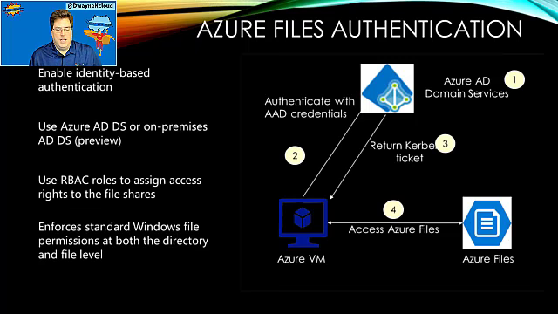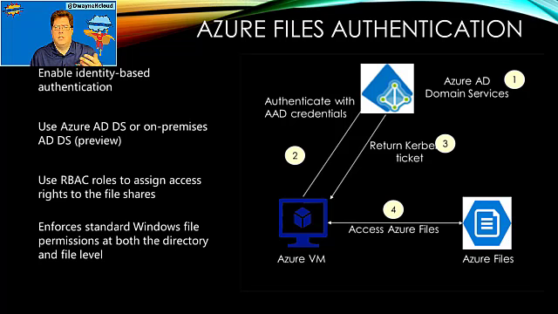And when we're authenticating and looking at how we're going to utilize our role-based access control or Azure Active Directory domain services for accessing files, you can see this is a four-step process where we're authenticating with our Active Directory credentials. We're accessing those files. We're returning, utilizing Kerberos within here, to return that authentication to be able to then access those files within our Azure files.